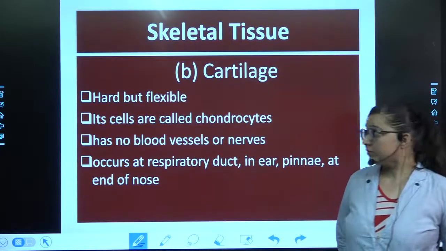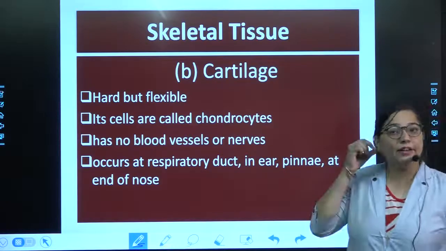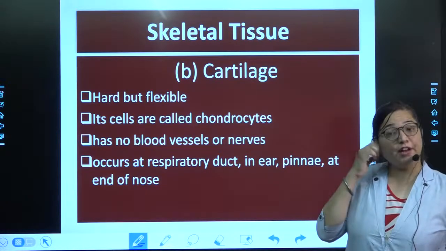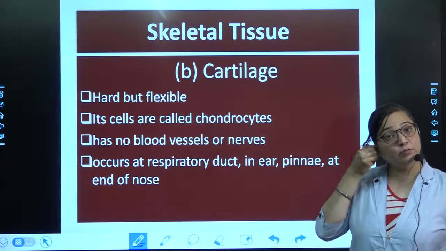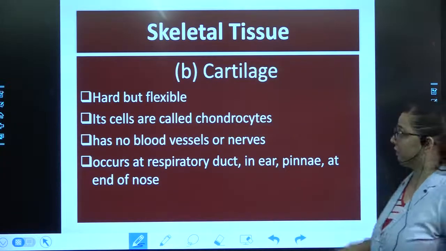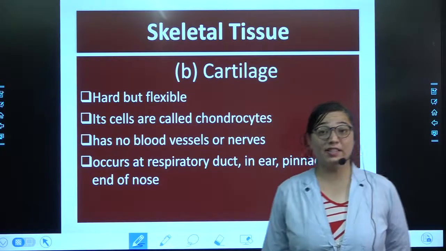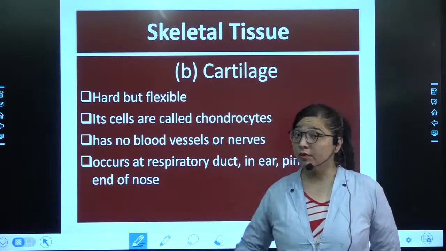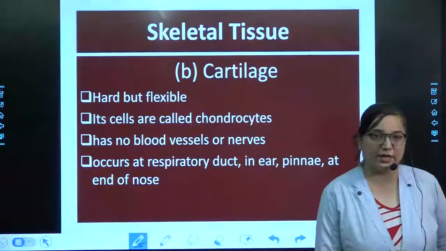Now, cartilage. This is hard but flexible. Like you can see over here, here we have cartilage. So these tissues are flexible. And what are the cells called? Chondrocytes. What are the cells of bones called? Bone cells are called osteocytes.